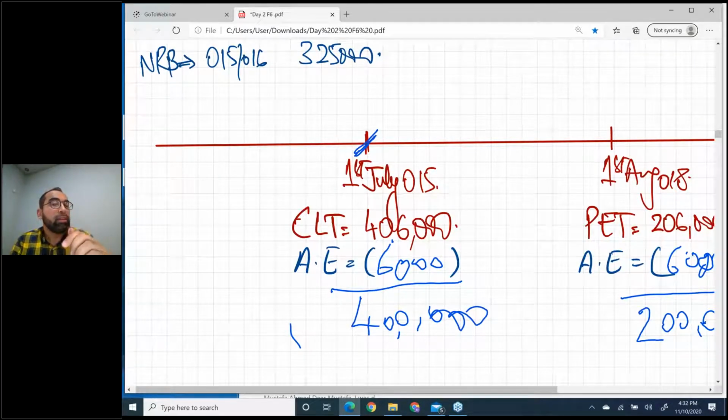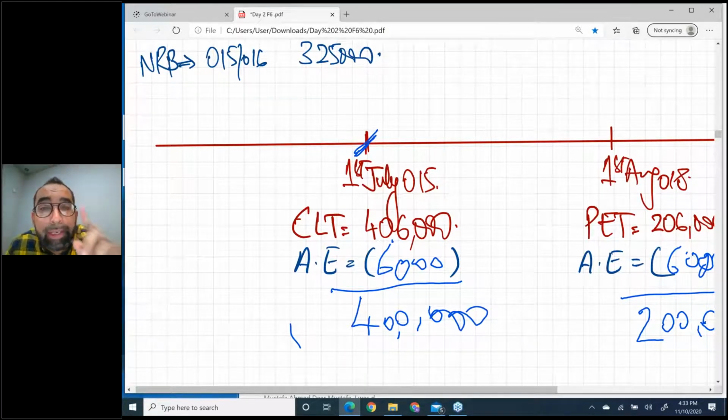You see, did you calculate any IHT on any gift? If yes, then you have to reduce your NRB by that amount of gift.